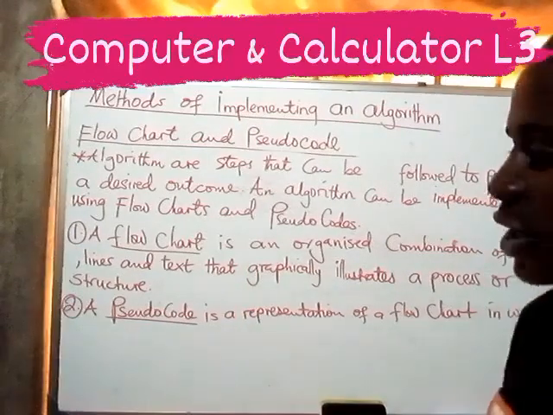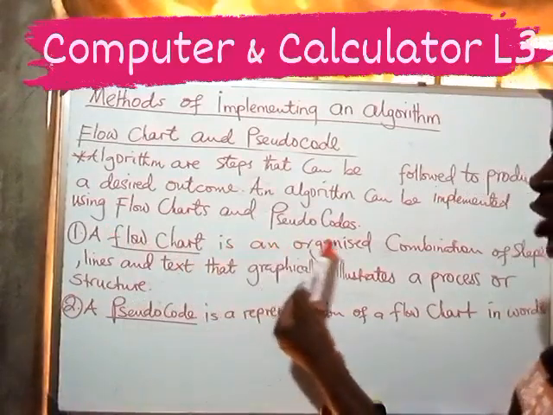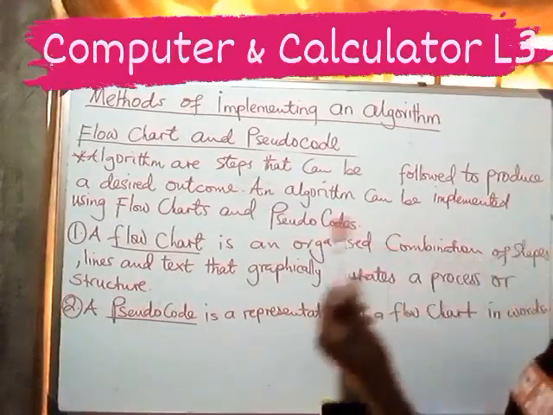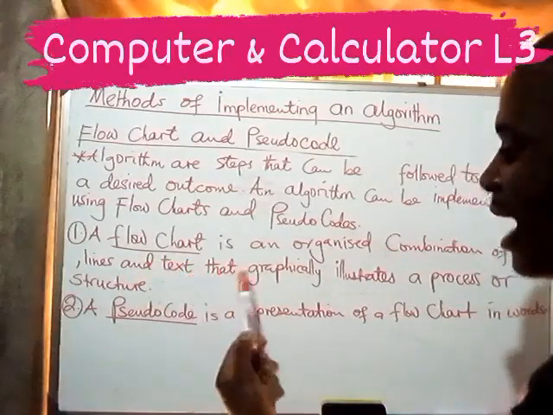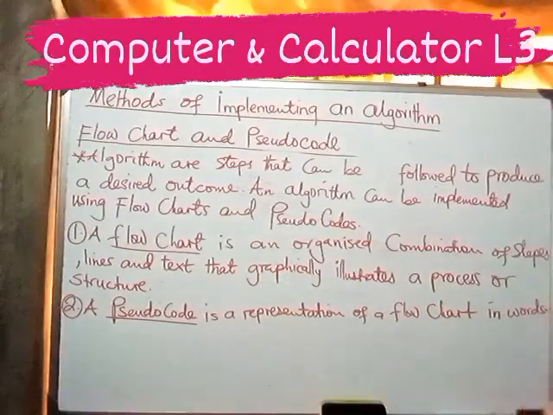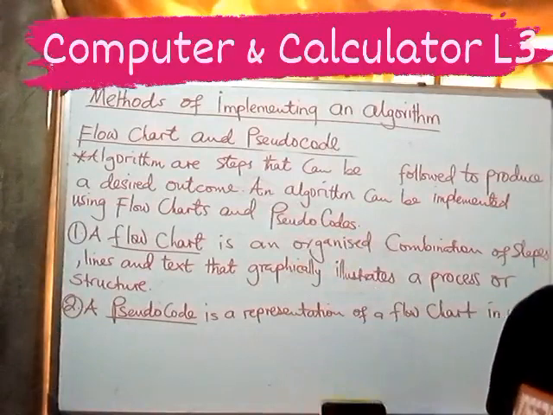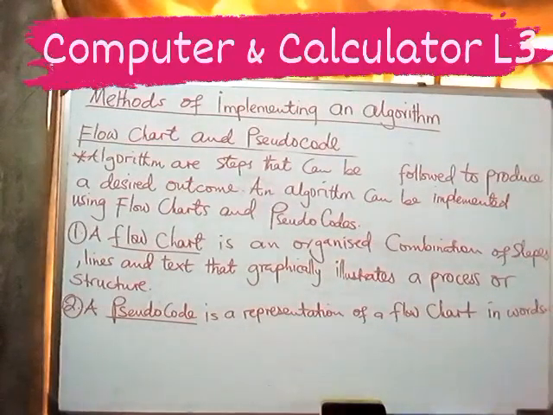Now, what is a flowchart? We are saying a flowchart is an organized combination of shapes, lines, and text that graphically illustrates a process or structure. That is what a flowchart is all about.